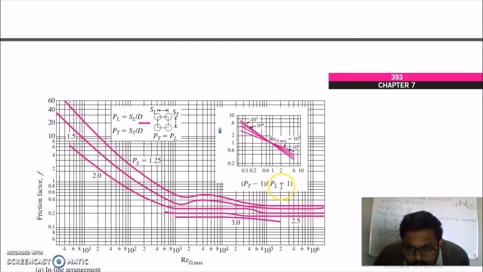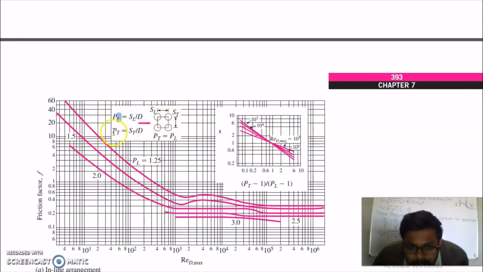So this represents the deviation. If P_T and P_L are both the same, you will get 1 here. So corresponding to this value of 1, you can see this is the value of the correction factor, which is 1 here. Means we use this correction factor if your square arrangement deviates from square to the rectangular side.